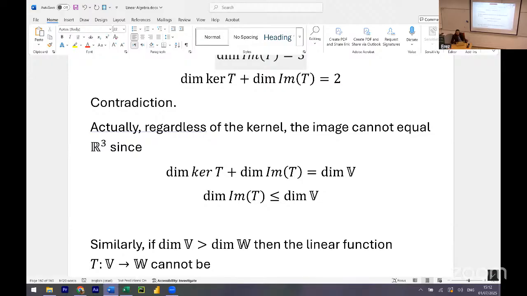Surjective? No. If the domain is bigger, then it can be surjective. It cannot be injective. Why is that?